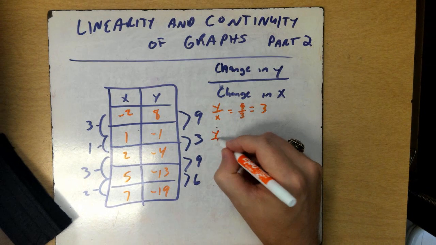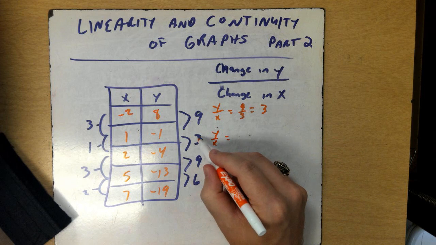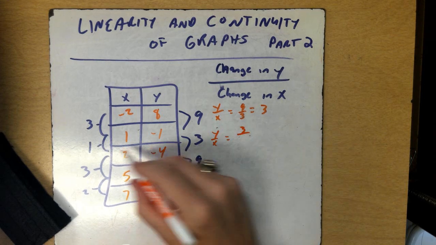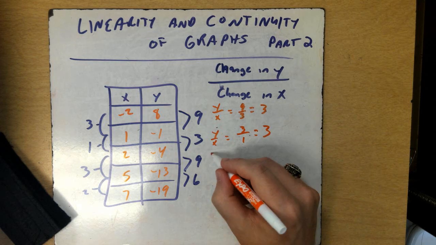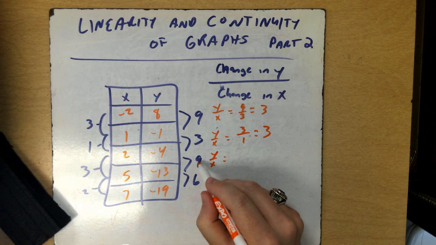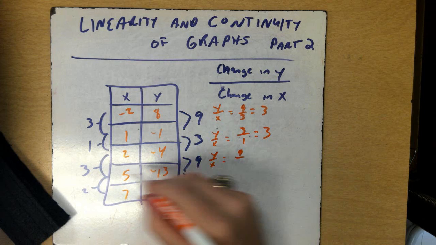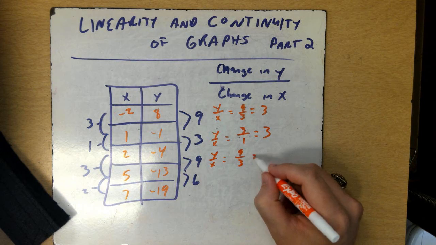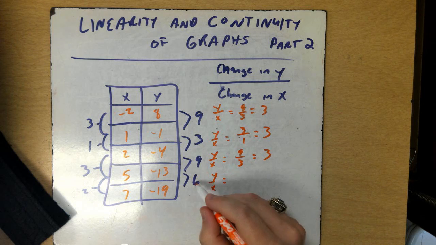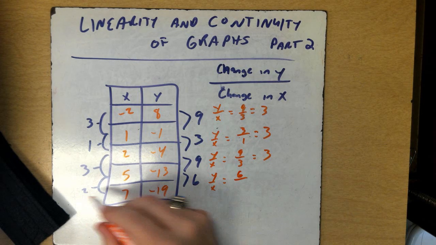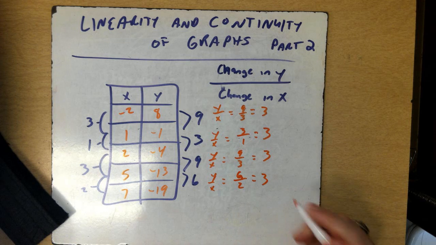Then 3 over 1, you get 3. 9 over 3, you get 3. And 6 over 2, you get 3.